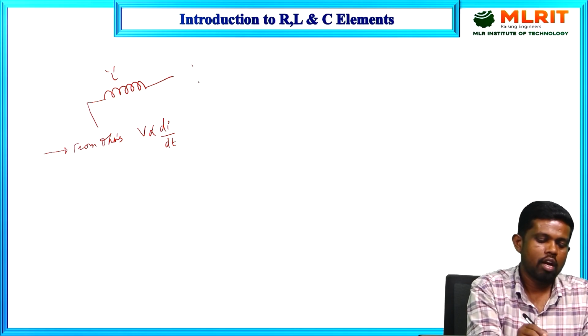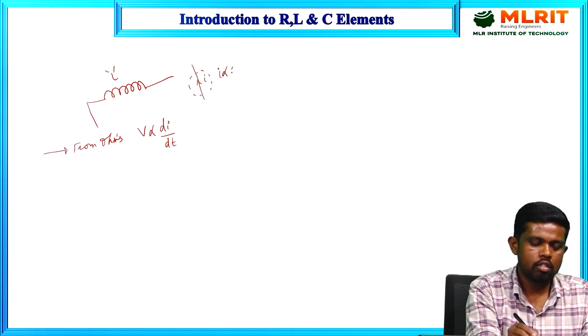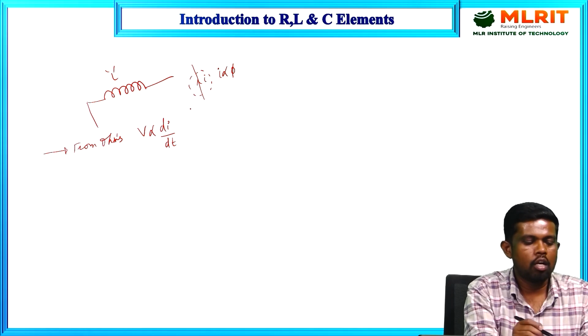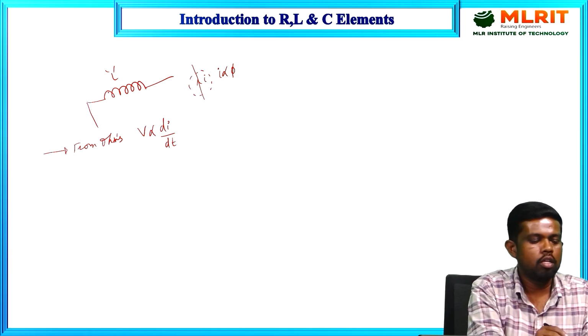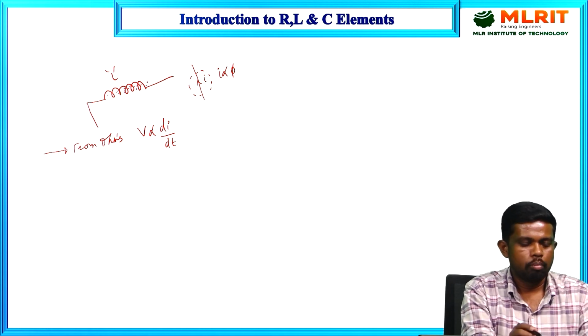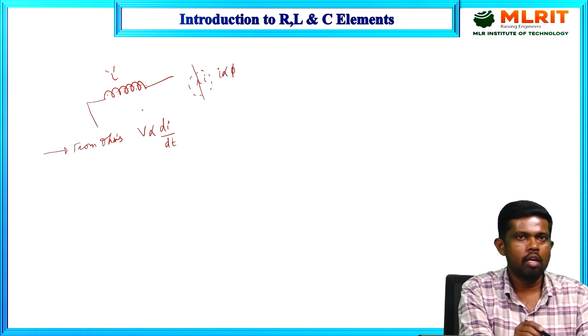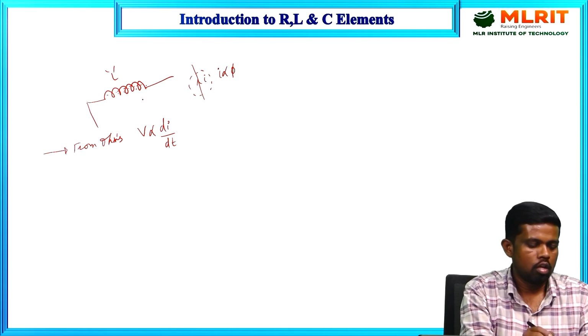Every current carrying conductor develops its own magnetic flux around it. So whatever current is supplied by the source to the inductor coil, there will be a storage of the magnetic field. So we can say it is an energy storage element which can store energy in the form of an electromagnetic field. So we need to write V directly proportional to di by dt.